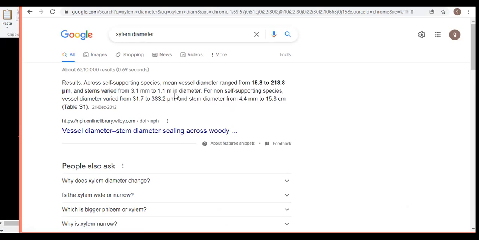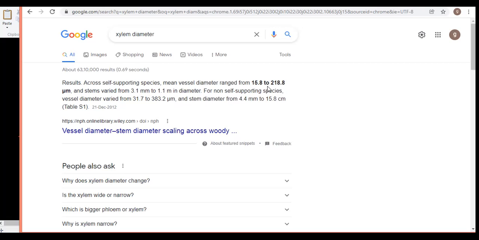Cross cell supporting species mean the cell diameter range from 14.8, cell diameter, stem diameter scale. Again, I don't know much of biology, but looking at the numbers, it looks like 3.1 mm would be very big, 0.1 meter diameter.